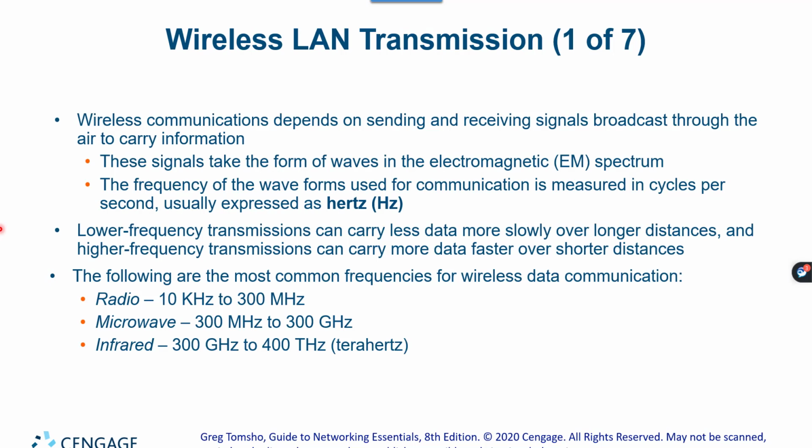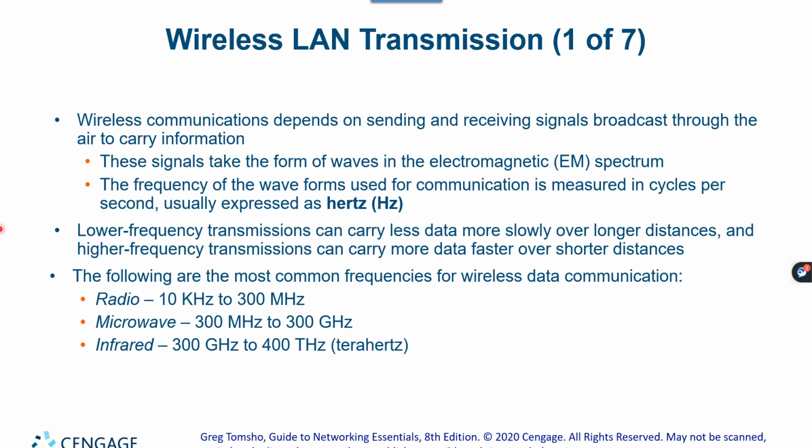So there's a trade-off. Here are some of the common frequencies for wireless. If you're listening to the radio in your car, that's going to be 10 kilohertz to 300 megahertz. Microwave is going to send out waves from 300 megahertz. Not the microwave in your house; we're talking about a microwave network.